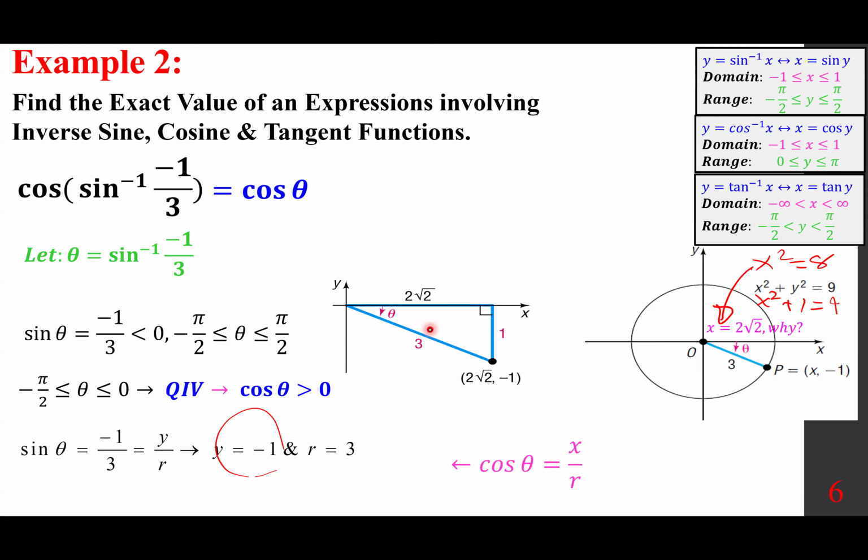Negative 1 quantity squared is 1 plus y squared is 3 squared or 9. Y squared is 8. Y is plus minus 2 square root of 2. And because it's in the second quadrant, y is positive. So in any event, tan theta is y over x. So this is negative 1. This is y. And we established y must be 2 square root of 2.